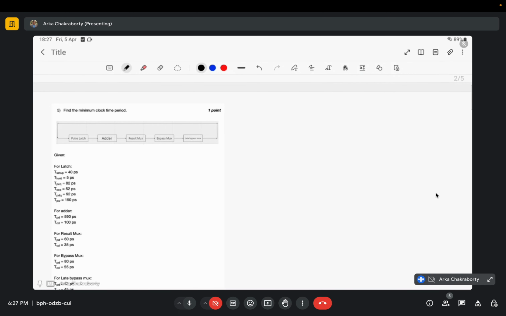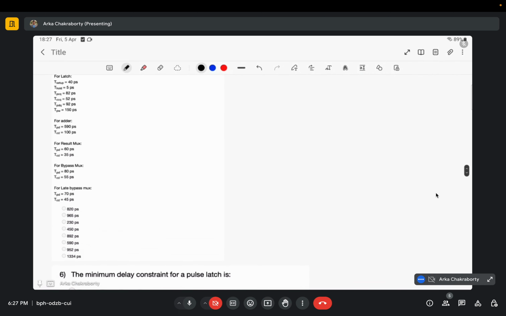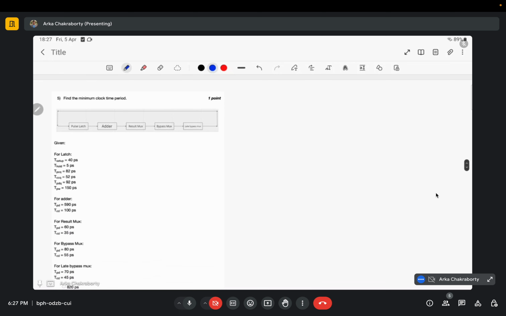For a latch we have two expressions for the minimum clock period, and it depends on whether my T setup is greater than or equal to the pulse width.